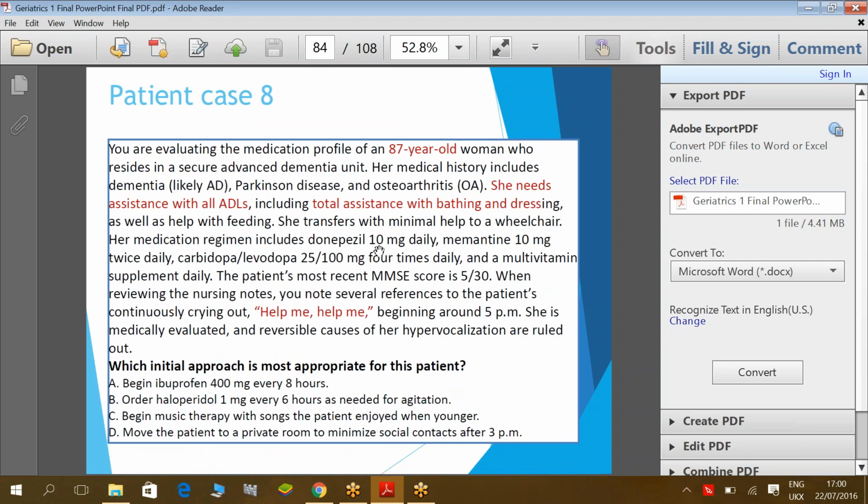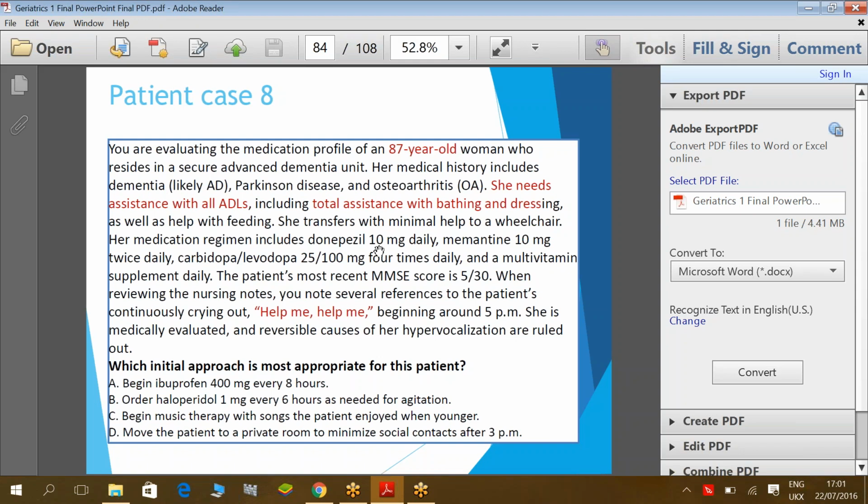You are evaluating the medication profile of an 87-year-old woman who resides in a secure advanced dementia unit. Her medical history includes dementia, Parkinson's disease, osteoarthritis. She needs assistance with all activities of daily living, including bathing and dressing, as well as help with her feeding. She transfers with minimal help to a wheelchair.